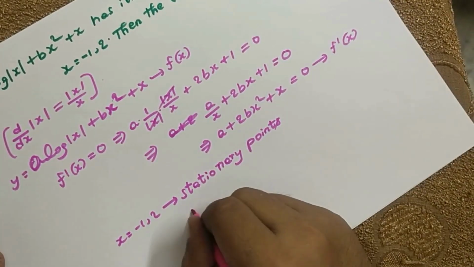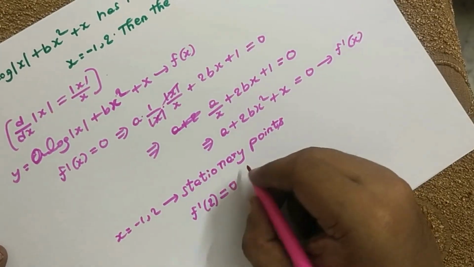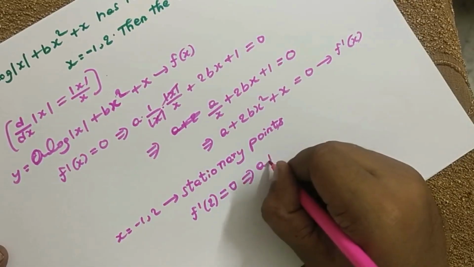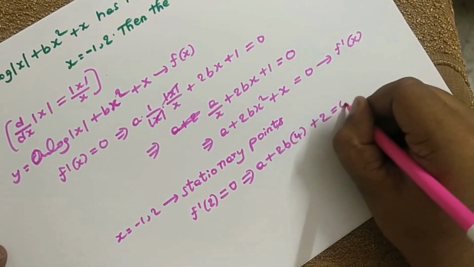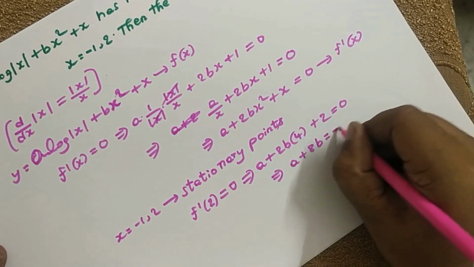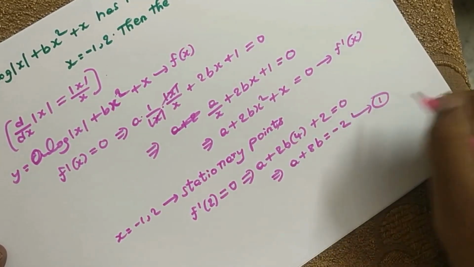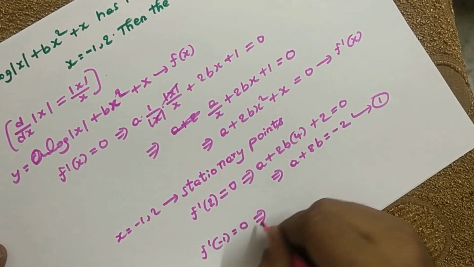Let's substitute f dash of 2 in this first, and of course it is 0 because it is a stationary point. So a plus 2b into, substituting 2, 4 plus 2 is equal to 0, which implies a plus 8b is equal to minus 2. Let this be equation 1. And f dash of minus 1 is also 0 since it's a stationary point.